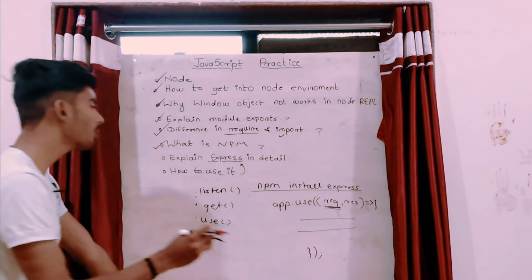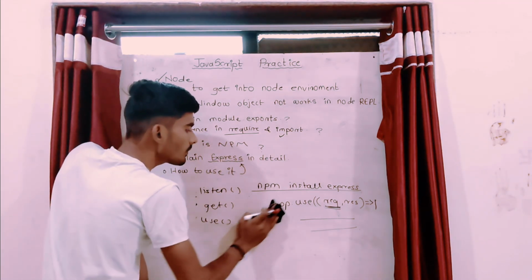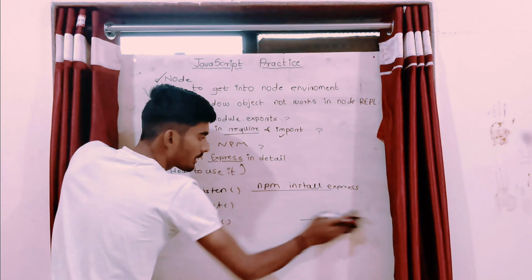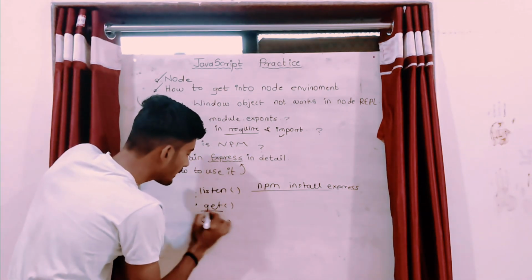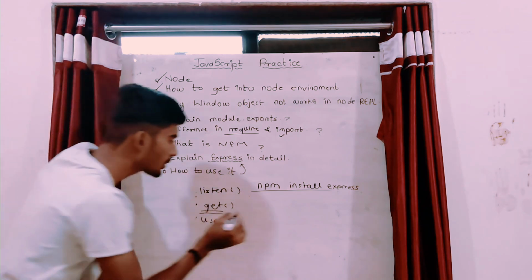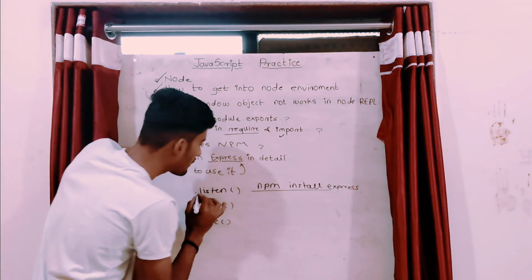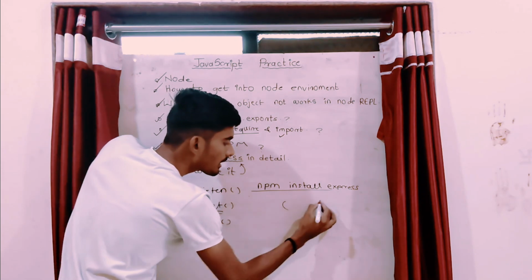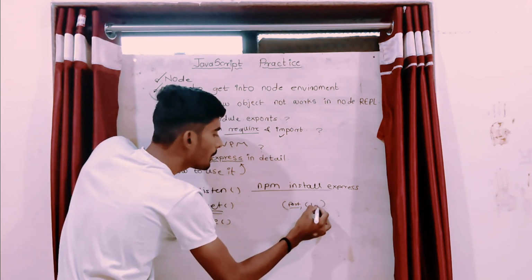Okay, and one more method is there, that is app.get. How do we use app.get? We use the app.get method the same as app.use, but one thing is different. When we use the app.listen method, the parameter list was like this: a port number and a callback function.